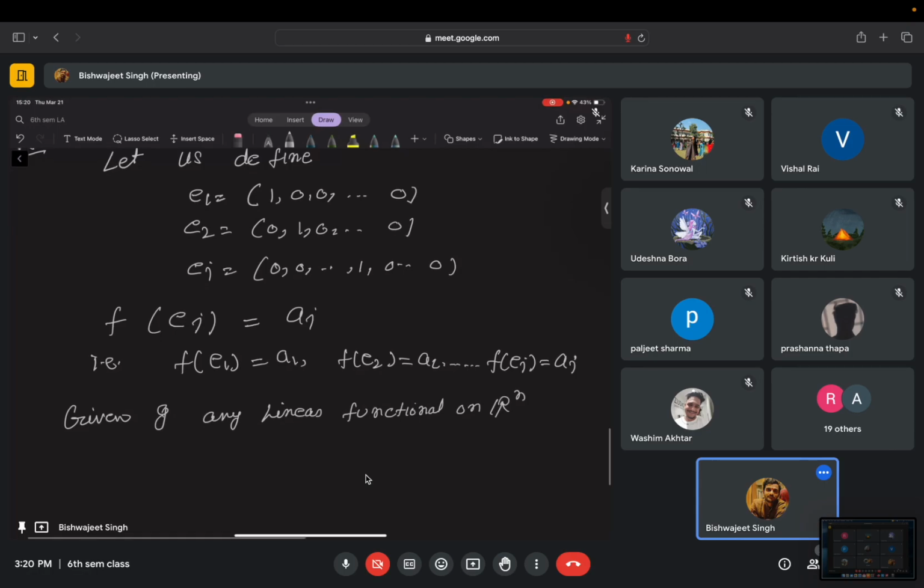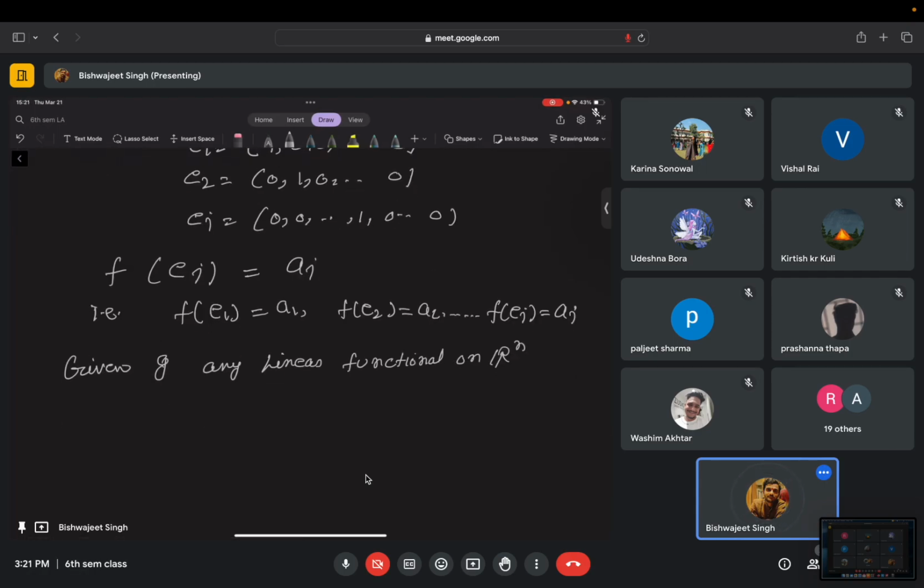Now, since we have defined a linear functional called g, recall that in the last class, while studying linear transformations, I said that any linear transformation can be fully determined by how it behaves on its basis.